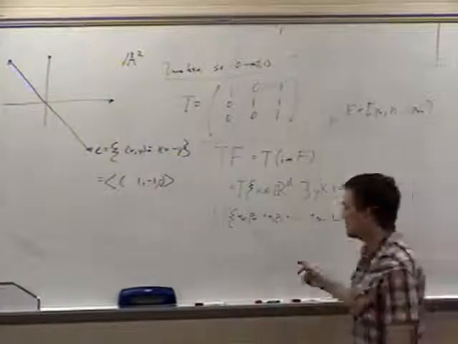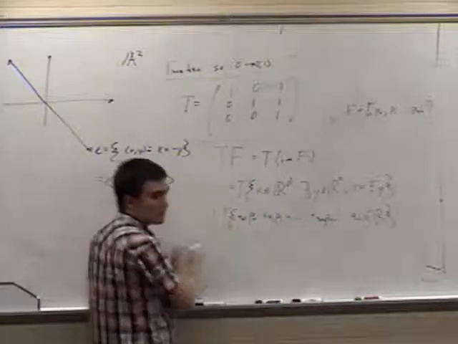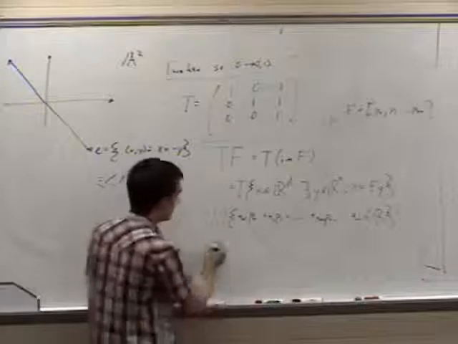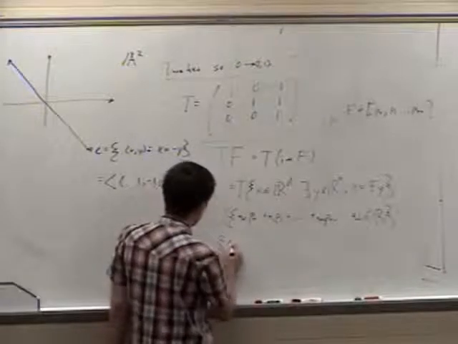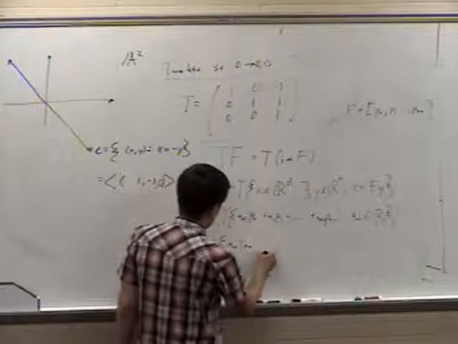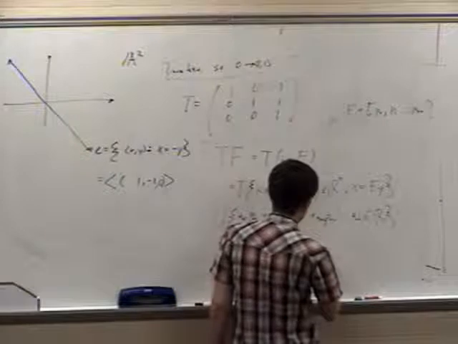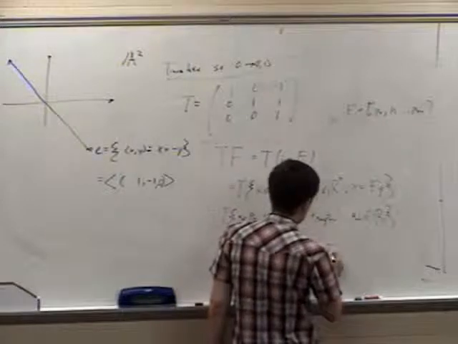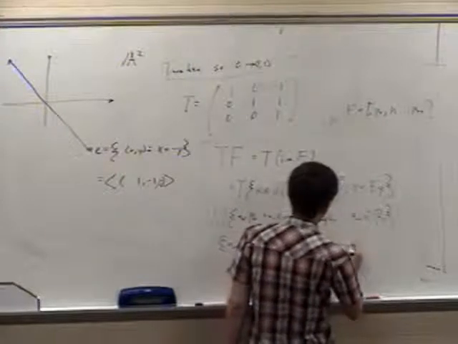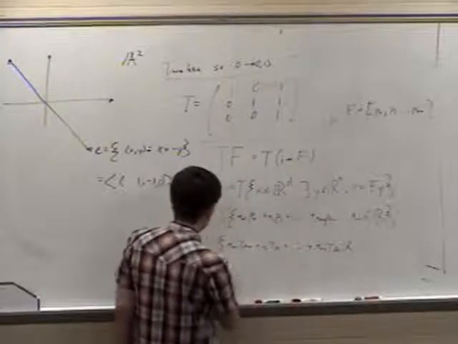If I push it through, T commutes with the scalar multiplication in each of these cases, so I can just pull it onto the p's. This is straightforward. I get a0 Tp0 plus a1 Tp1, etc., up to an minus 1 Tpn minus 1.